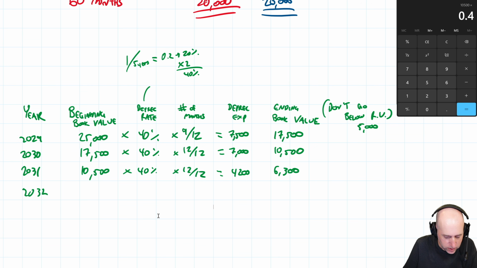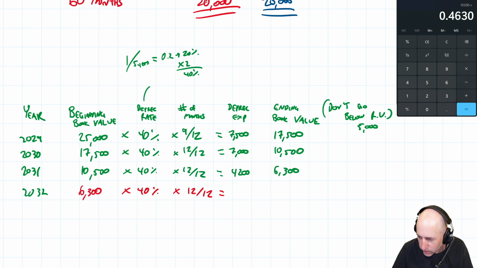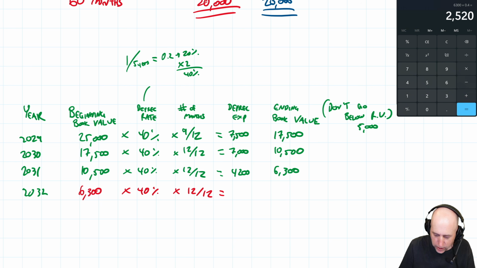2032, we ended 2031 with 6,300 in our ending book value. So that's what we opened 2032 with, times 40% times 12 twelfths. 6,300 times 0.4 is 2,520.